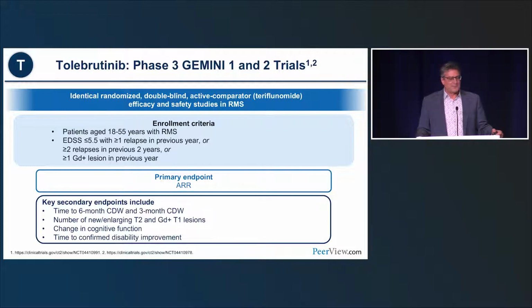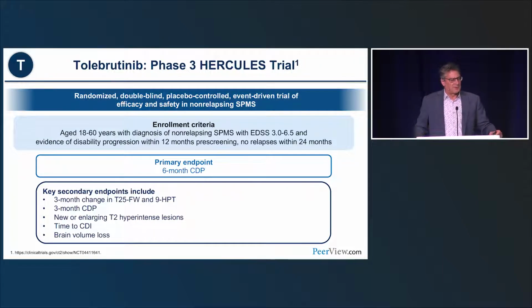This is acalabrutinib, which are again, the relapsing remitting studies compared to teriflunomide. Very similar entry criteria and outcomes. This one includes changing cognitive function, something we often don't do enough in clinical practice because I worry about my own, but I should do more. Then we have the progressive studies for secondary progressive.